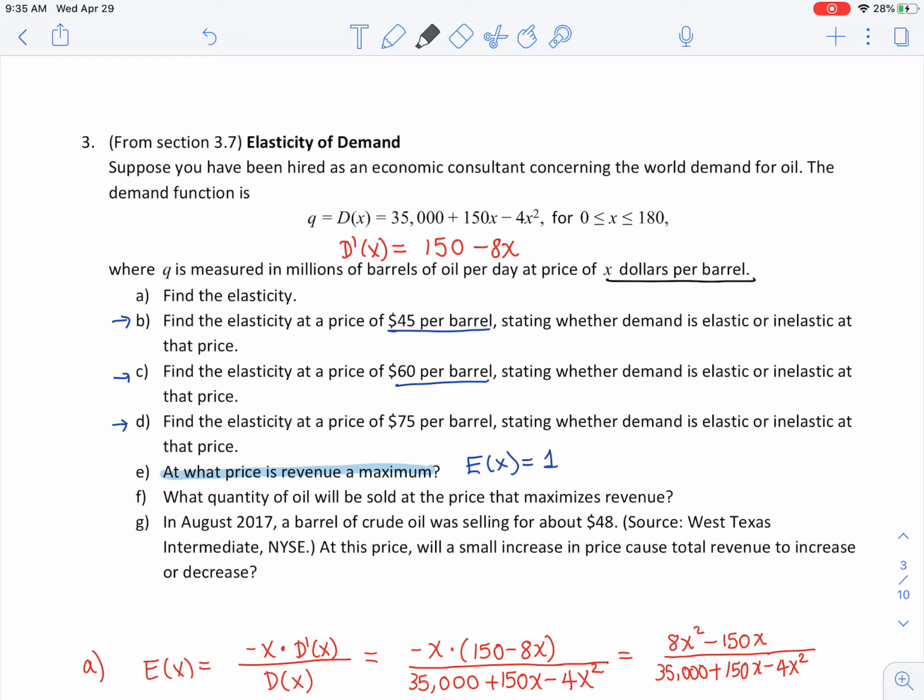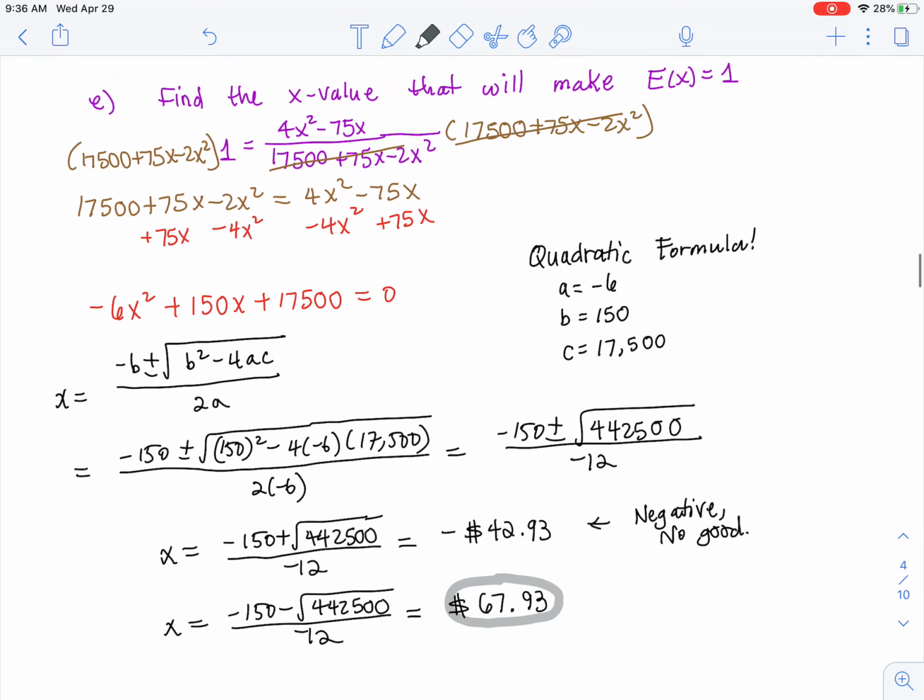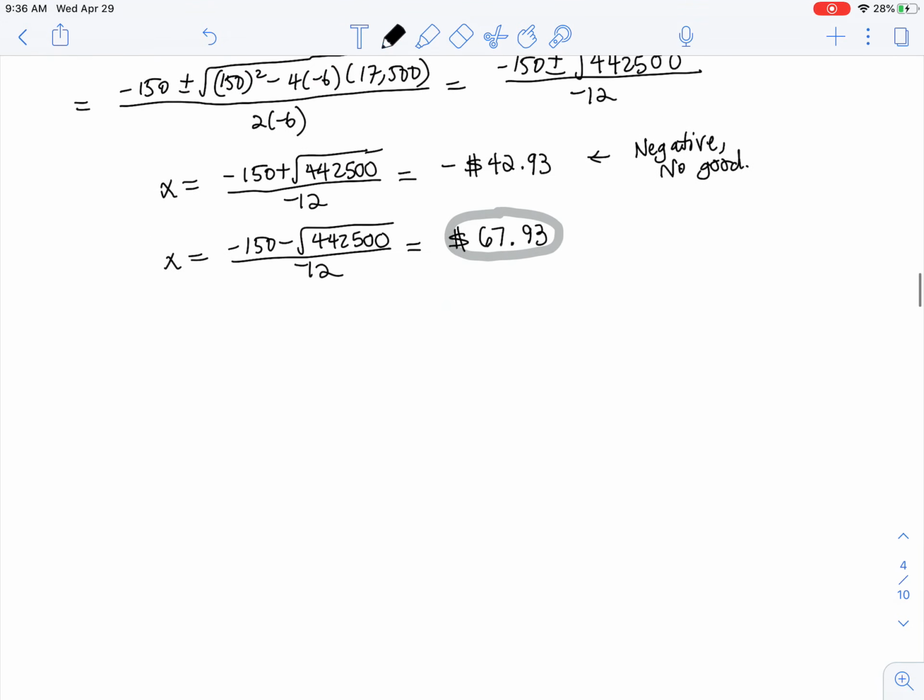So the demand function. So remember the demand function was 35,000, the one up top that I gave you in the beginning. And then you're just going to plug in 67.93 in there. I'll do it down there. Okay, so we're doing part F now.